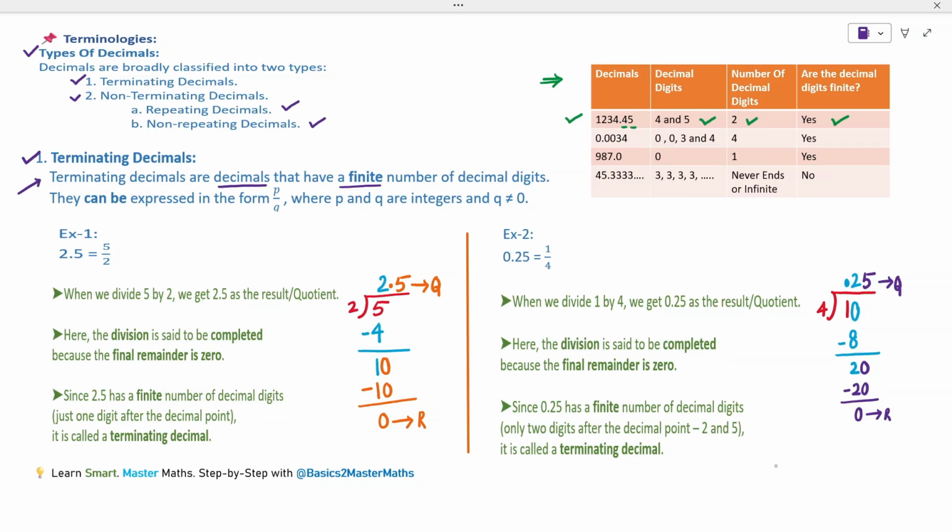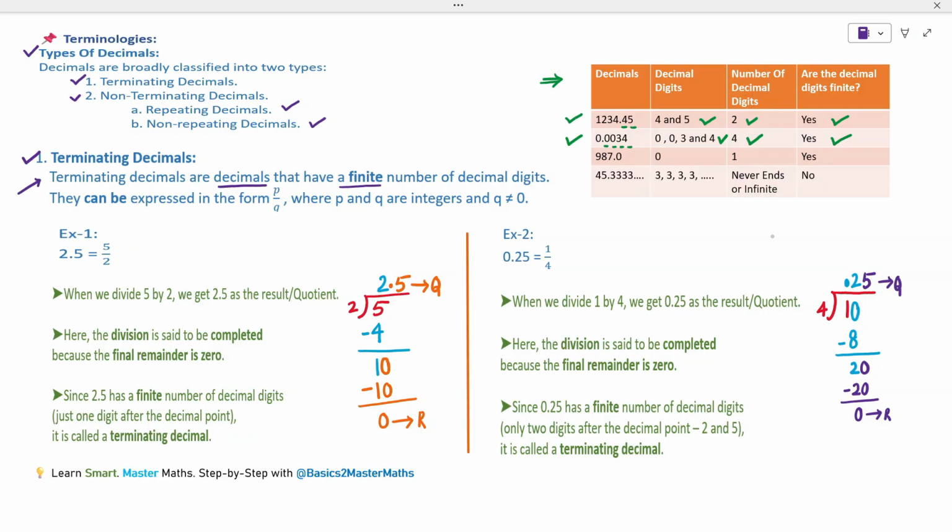Second example, in 0.0034, 0, 0, 3 and 4 are the decimal digits. So, the number of decimal digits equals 4, which is finite. Therefore, 0.0034 is a terminating decimal.